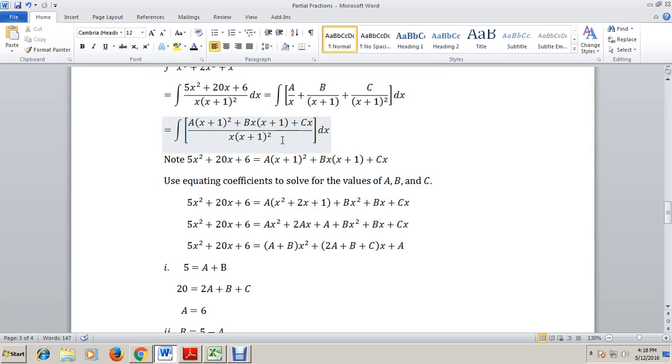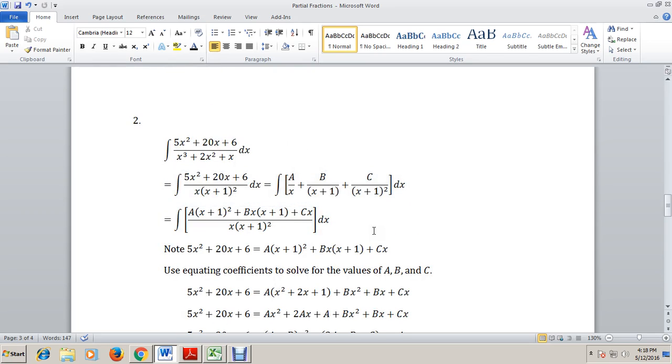And case 4 is that you have distinct quadratic factors where possibly some of the quadratic factors in the given partial fraction are raised to a given power.